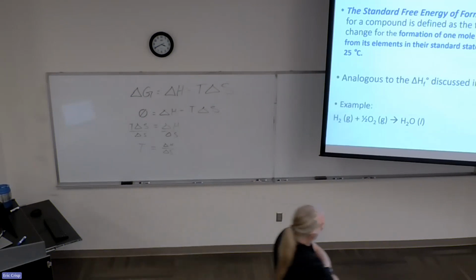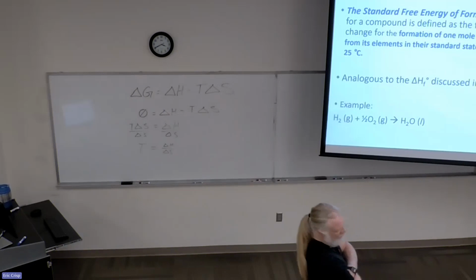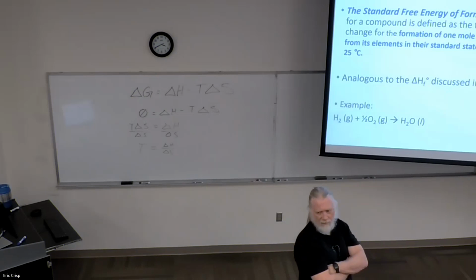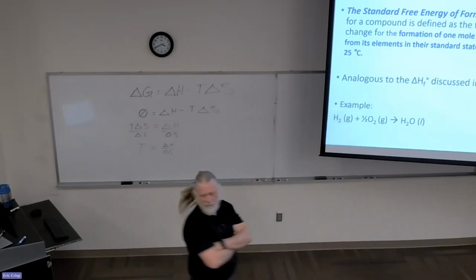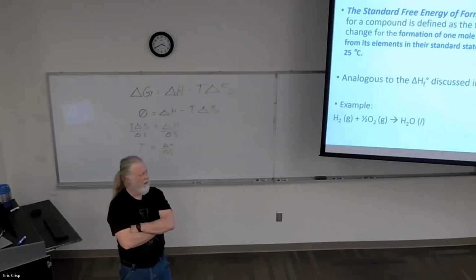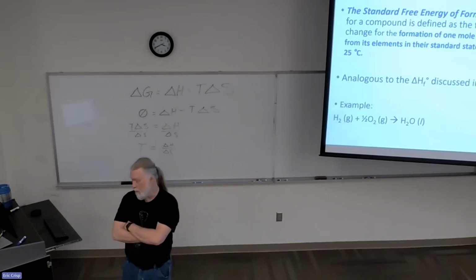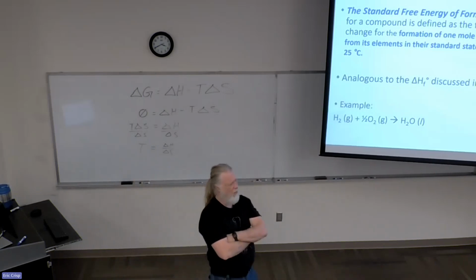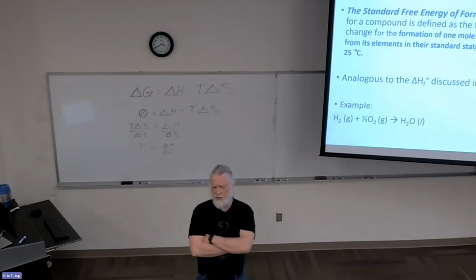All right, so which value do I want here for my water? What number value do I want? Negative 237.1 what? Kilojoules per mole. Okay? What value do I want for my reactants then, for my H2?